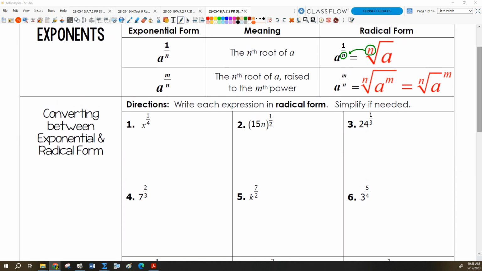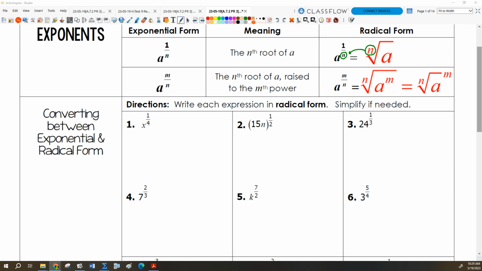What if we want to convert the nth root of a power? Now inside the radicand, I've got an a to the power of m, and I'm taking the nth root of that whole thing. Then what happens?